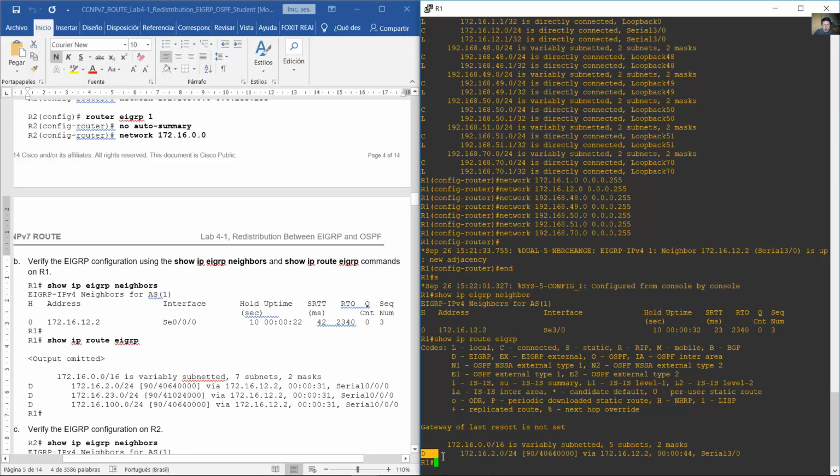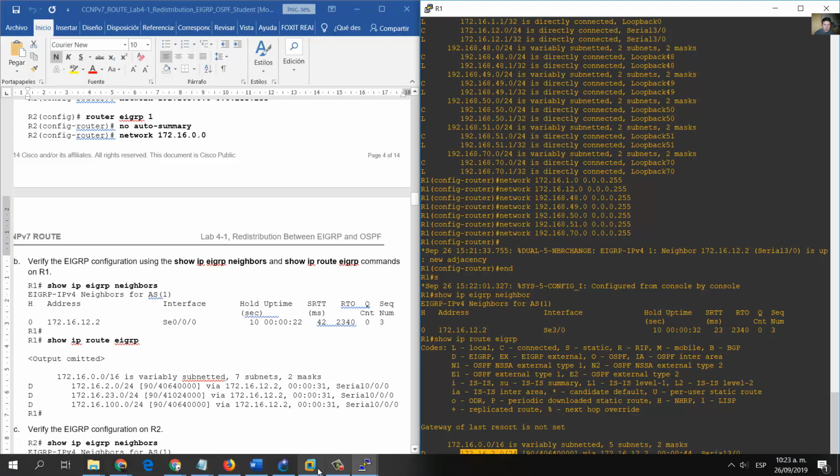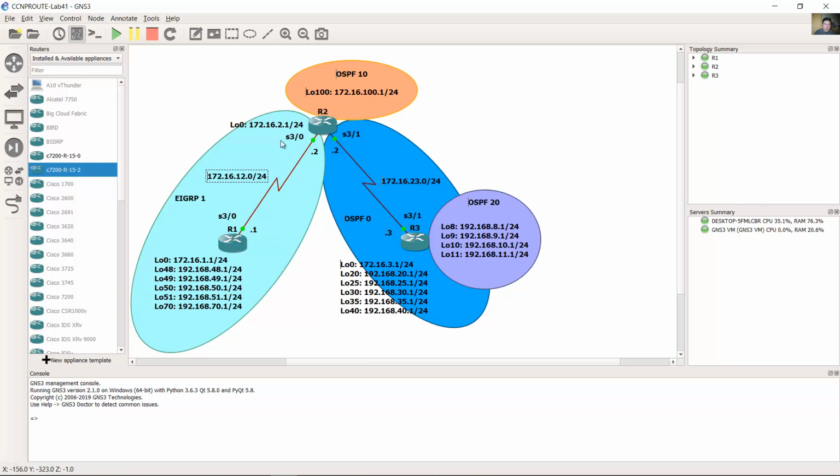The EIGRP routing protocol is advertising this network 2.0, the network for the loopback 0 interface. It's not showing the other loopback 100 or serial 31 network because these networks are placed on OSPF.